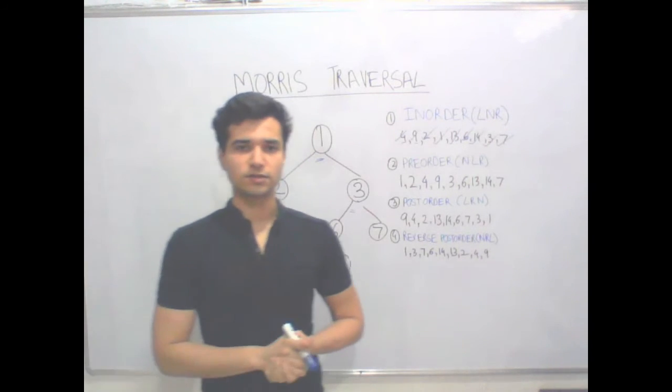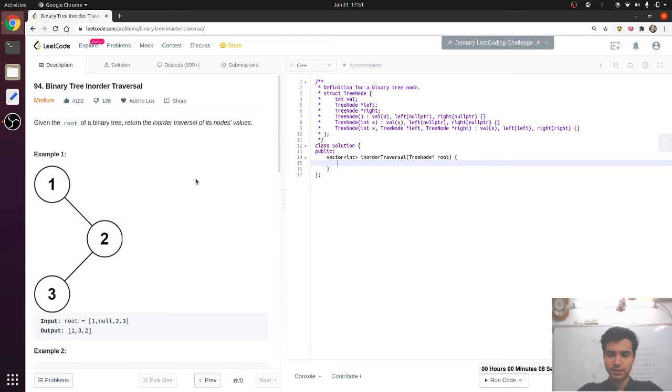So now let's code this up. Hi. So let's start coding it up. The first base case is, if it is null, we'll just return root. Then we'll have a current pointer, which is root. Then another result vector.